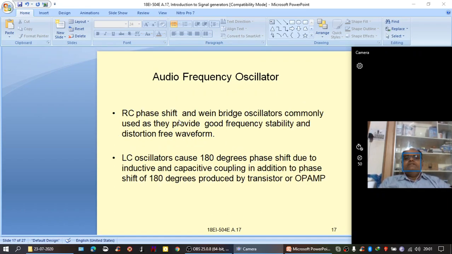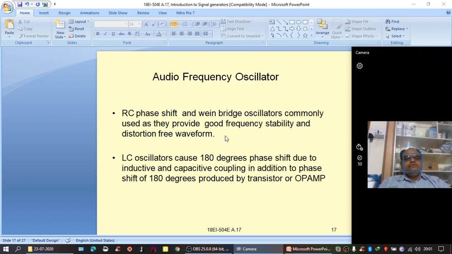RC phase shift and Weinbridge oscillators are commonly used as they provide good frequency stability and distortion-free waveform. That is in case of RC oscillators.